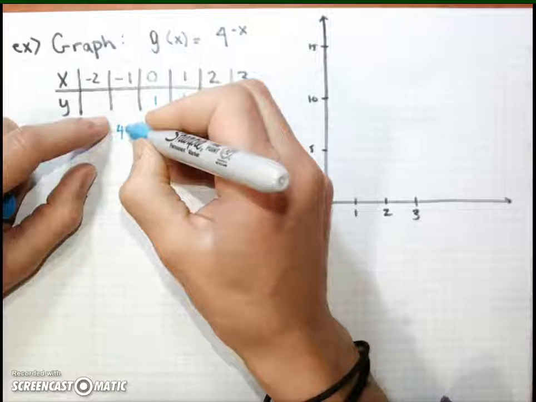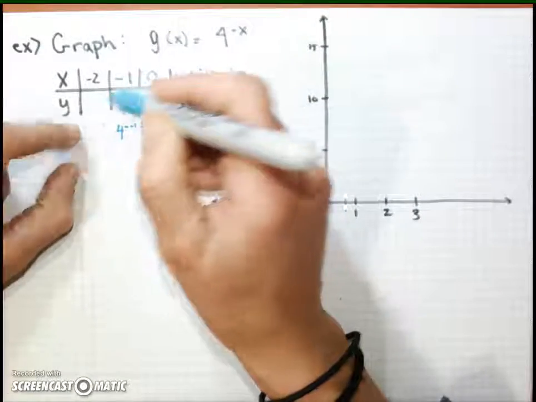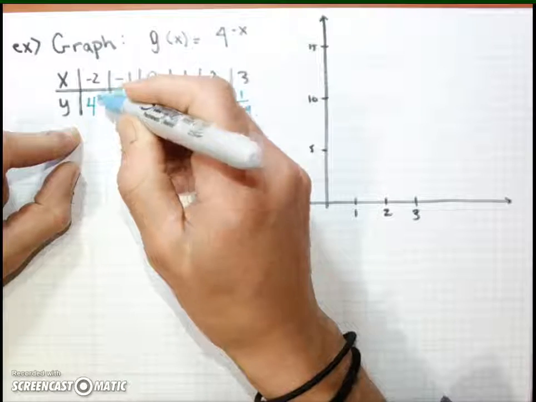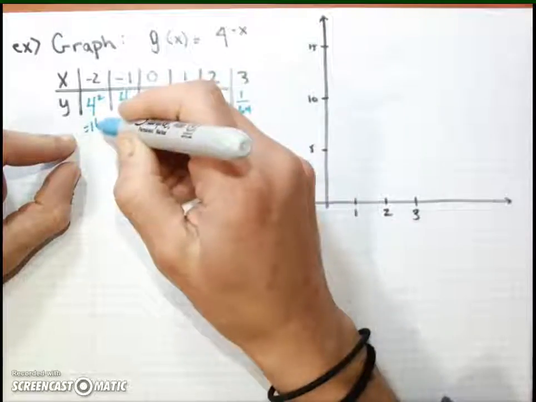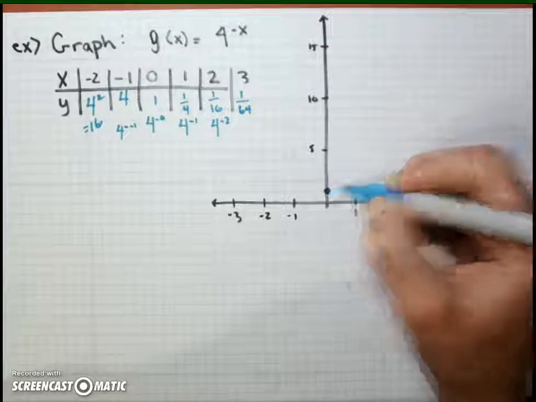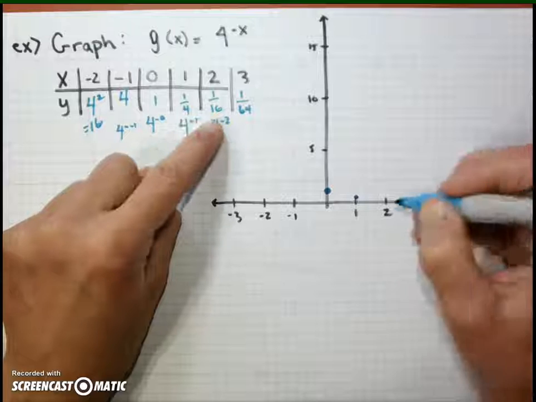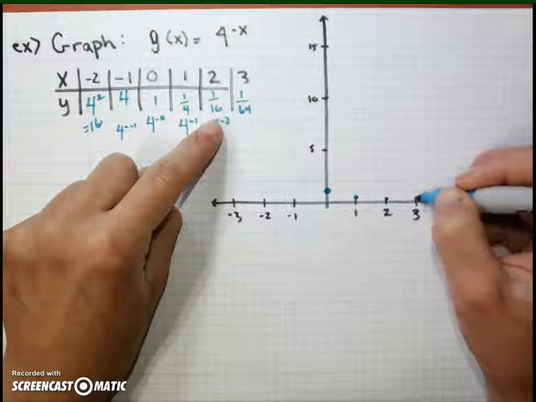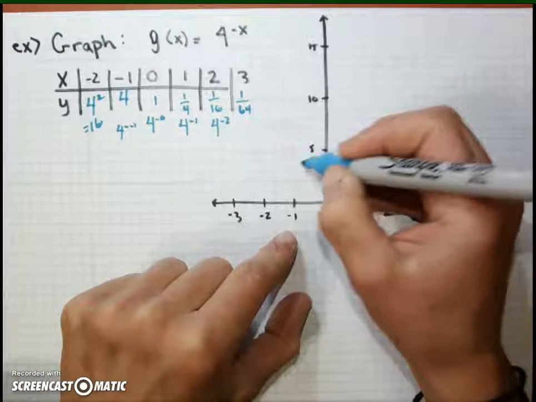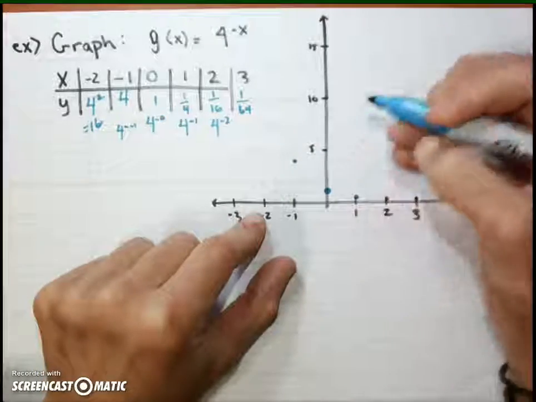When I plug in -1, I get 4 to the -(-1), which is just 4 to the 1. And this will be 4 to the 2 when I plug in -2, so that's 16. So we can go ahead and plot these points. (0, 1) is that one. (1, 1/4) is about there. (2, 1/16), these values are getting closer and closer to 0. (-1, 4). (-2, 16).